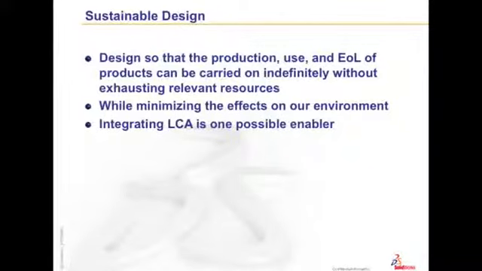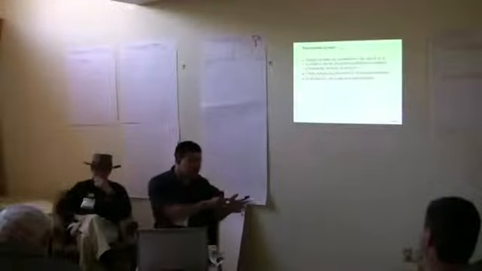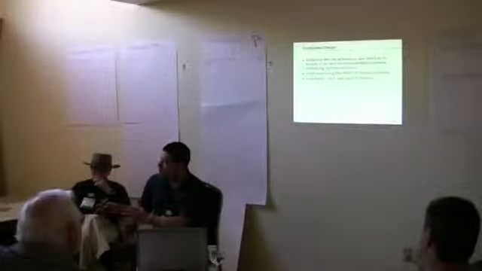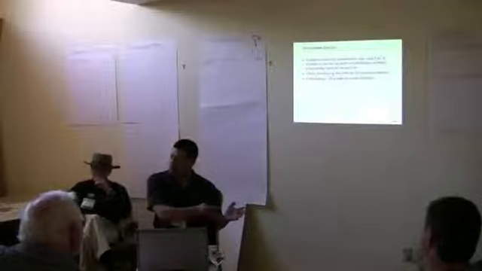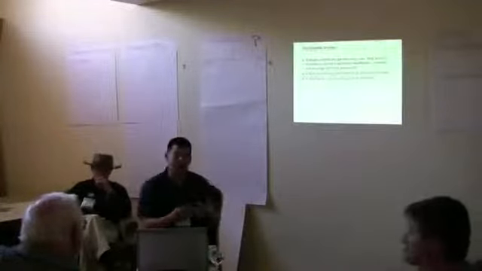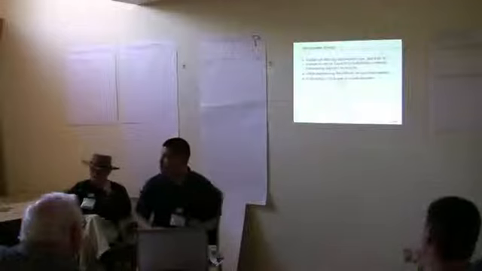So sustainable design, this is my take on what sustainable design is. When you look at the traditional design engineer versus somebody that's very ecologically minded, I'm probably very close to the design engineer from a perspective standpoint. So this is the way I look at it from the layman's perspective.